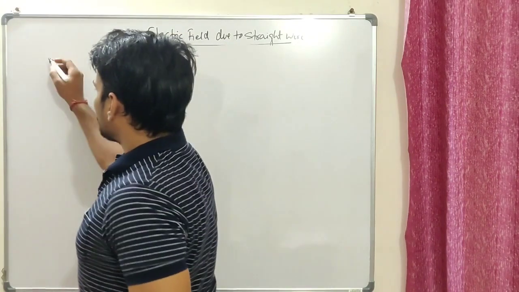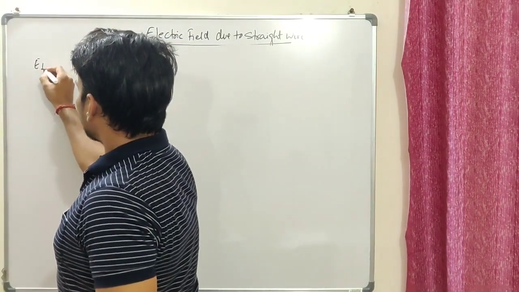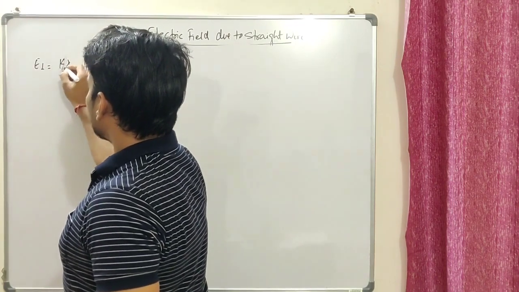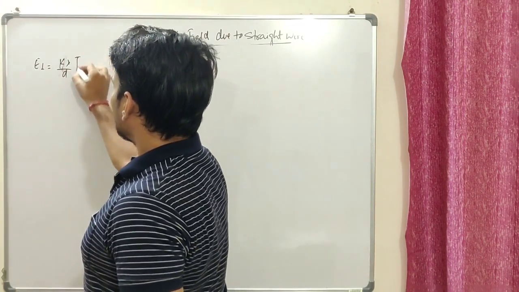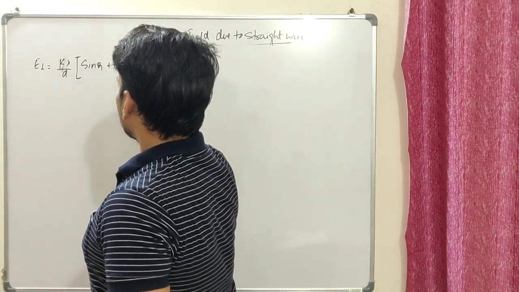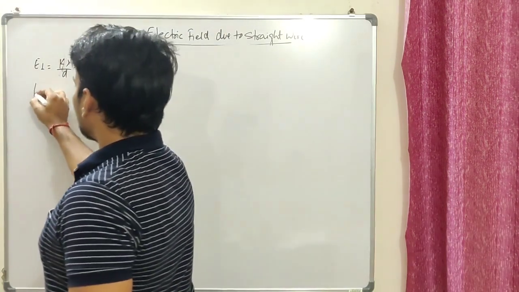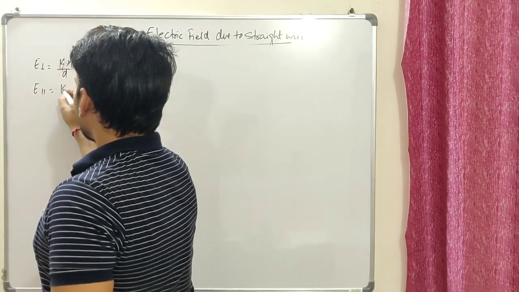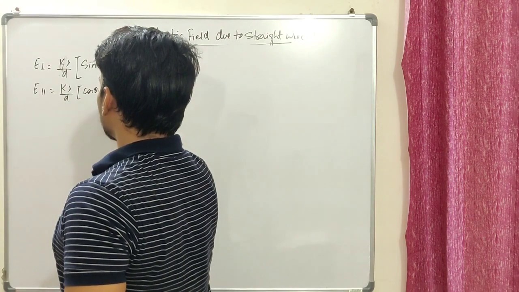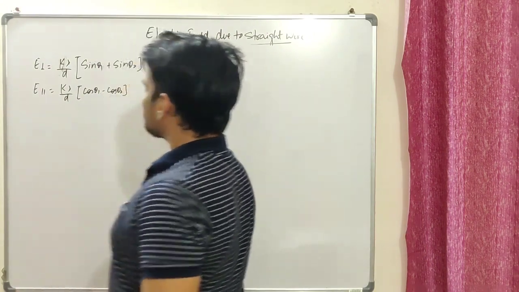Let me just quickly write those two results over there. E perpendicular should be k lambda over d, which is the distance of the point, times sine of theta 1 plus sine of theta 2, and your E parallel should be k lambda by d times cos of theta 1 minus cos of theta 2.